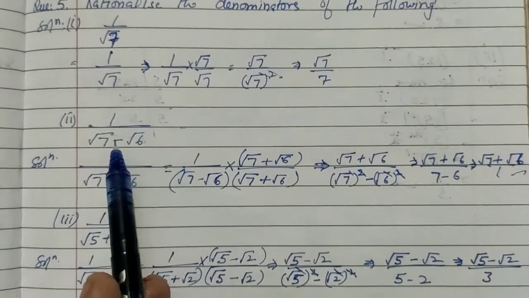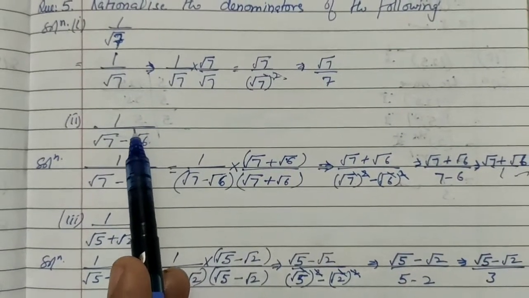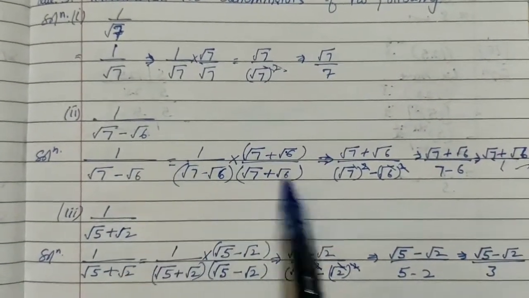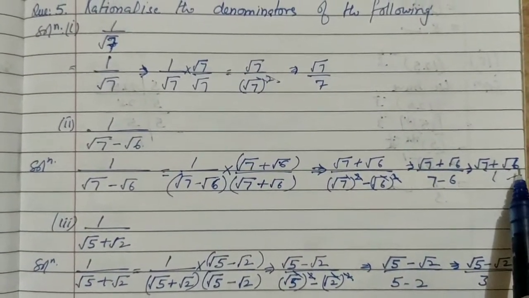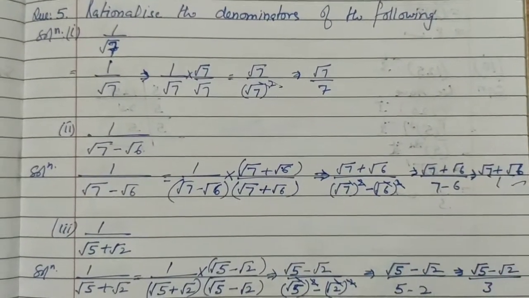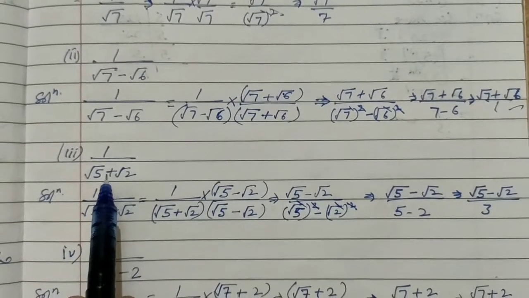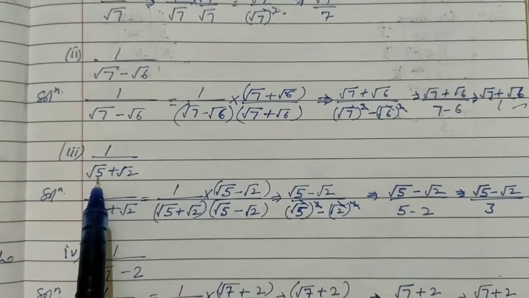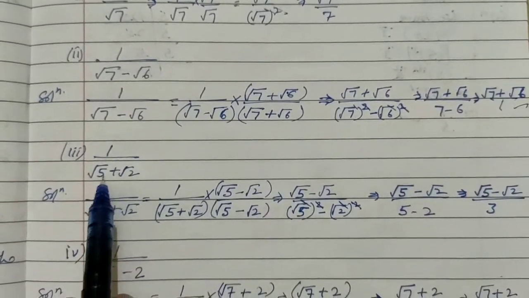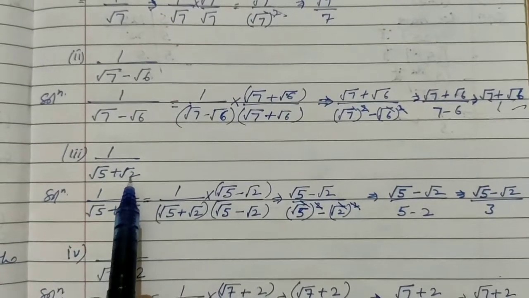So whenever we rationalize the denominator of the given number 1 by √7 minus √6, we will get √7 plus √6 as a result. So now proceed for part number 3. You can see in the part number 3 we have given number as 1 by √5 plus √2. Here the denominator of the given number is √5 plus √2.